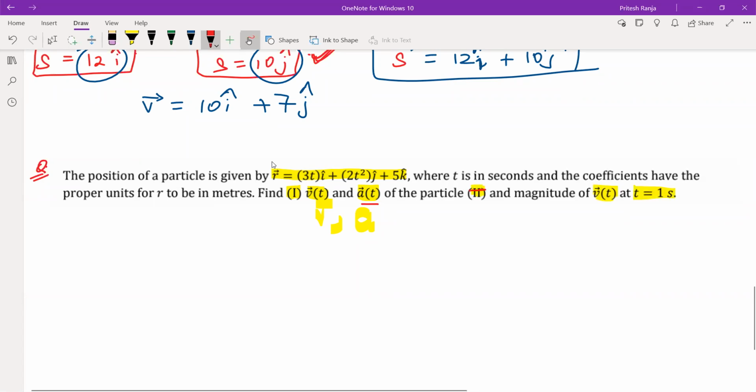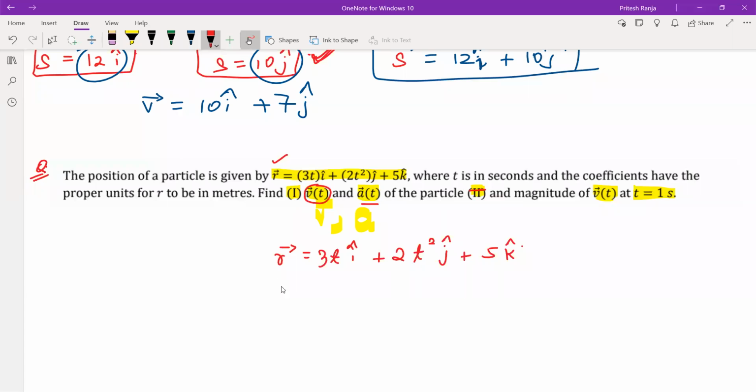So we have position of particle, that is 3t i cap plus 2t square j cap plus 5 k cap. If we want to find velocity, velocity can be written as dr by dt.